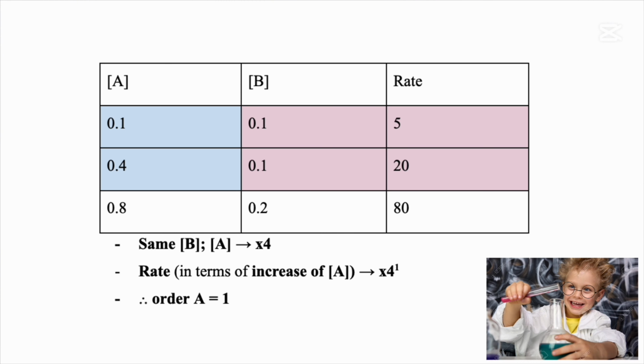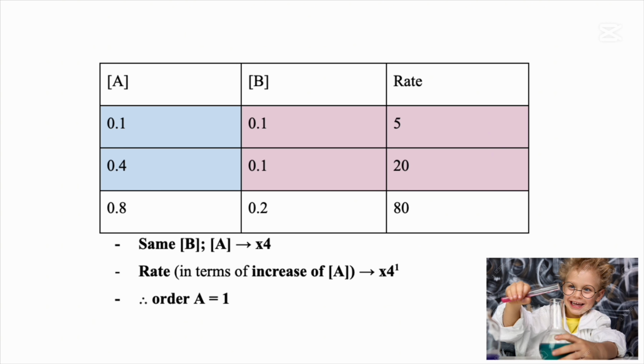As you can see, the concentration for B stays the same. So we only care about the concentration for A and the rate. As you can see here, the concentration for A increases by a factor of 4. The rate also increases by a factor of 4.